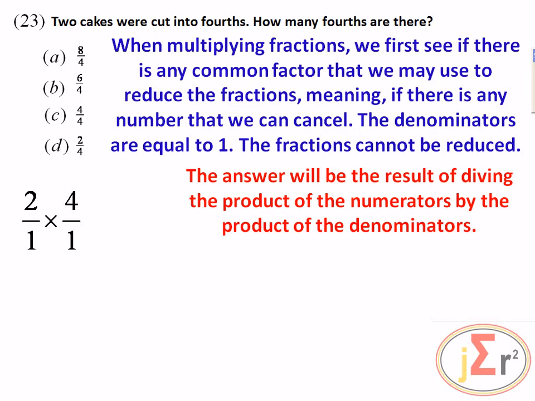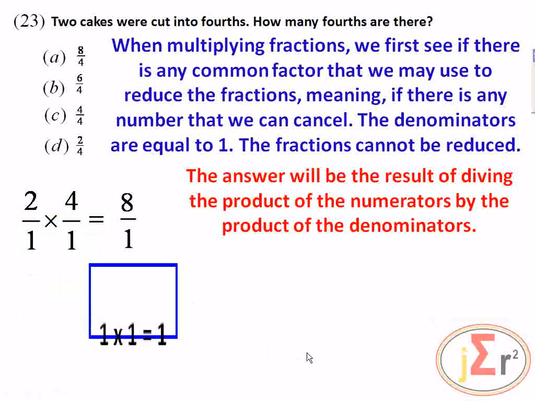So we need to multiply the numerators when the fractions cannot be reduced, and then we multiply the denominators, and the resulting fraction or the answer will be what we get when we divide the product of the numerators by the product of the denominators.